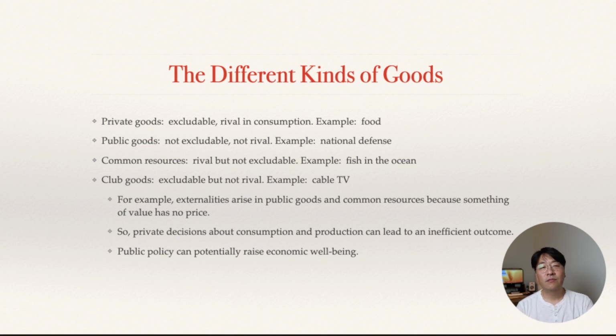Another example is fishing in the ocean. If the sea does not belong to a certain country's territory, then everybody can access it and catch the fish, like tuna in the middle of the Pacific Ocean. Any country's fishermen can get there and catch it. In that case, fishing in the ocean is a common resource. If a lot of them go there and the market price of a specific fish is really high, then the fish will disappear.